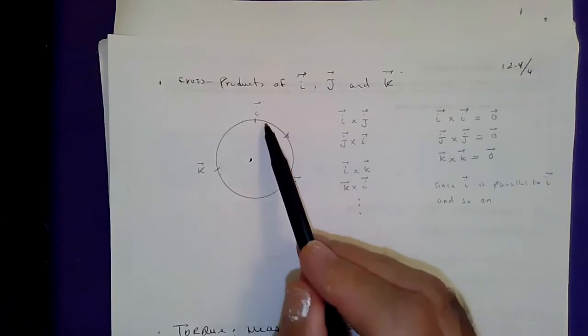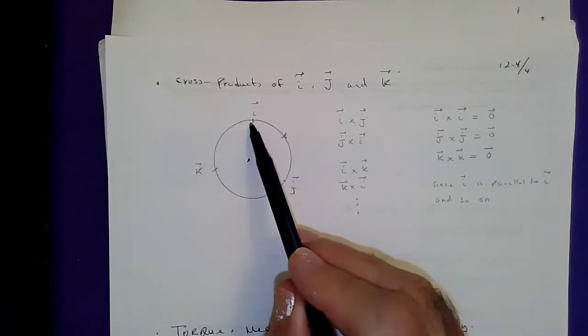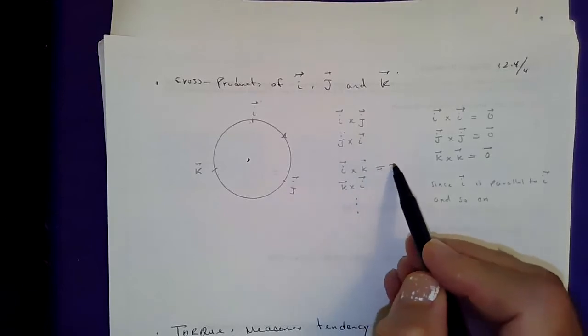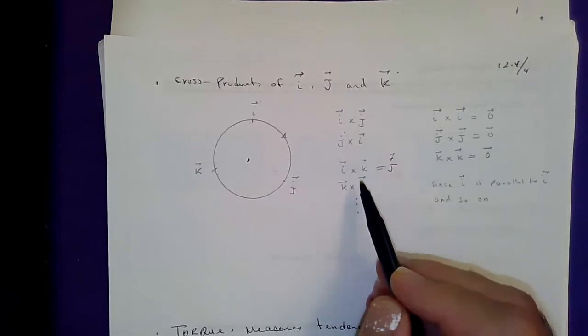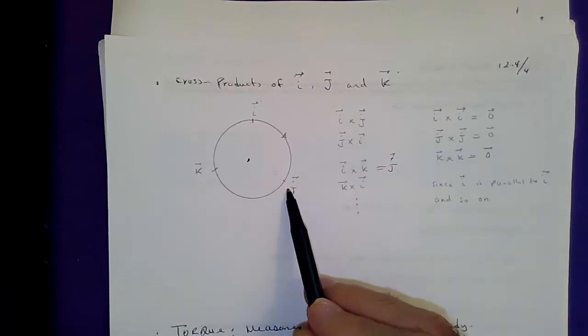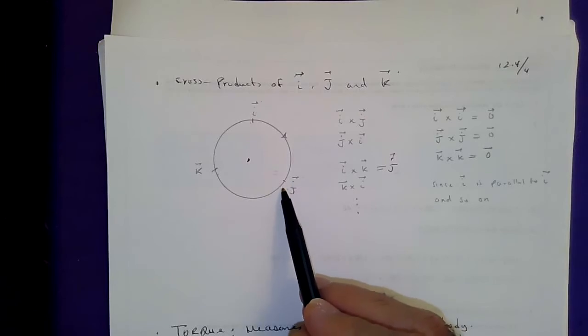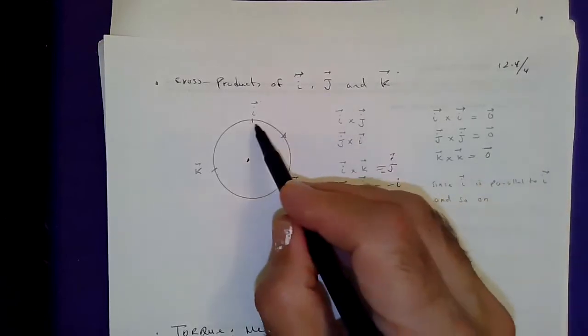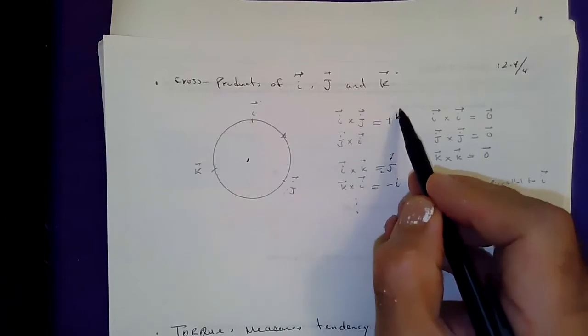On the other hand, if you go counterclockwise, i cross k gives you minus j, k cross j gives you minus i, okay? But i cross j gives you positive k.